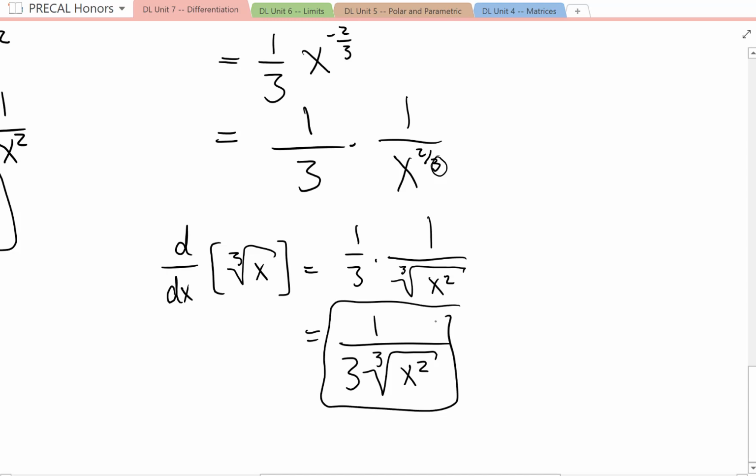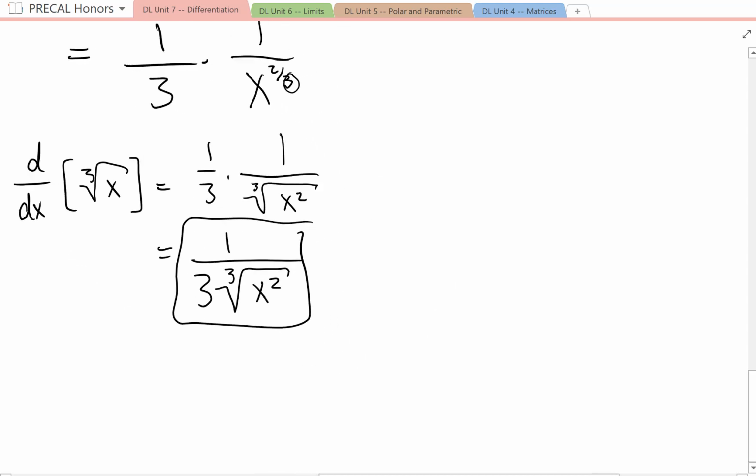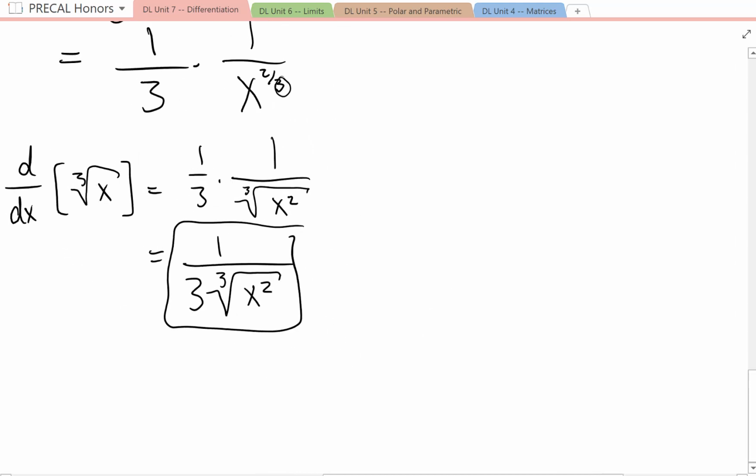I will accept this as an answer for your derivative, and I will also accept the rationalization, which looks like this. 1 over x to the 2/3.